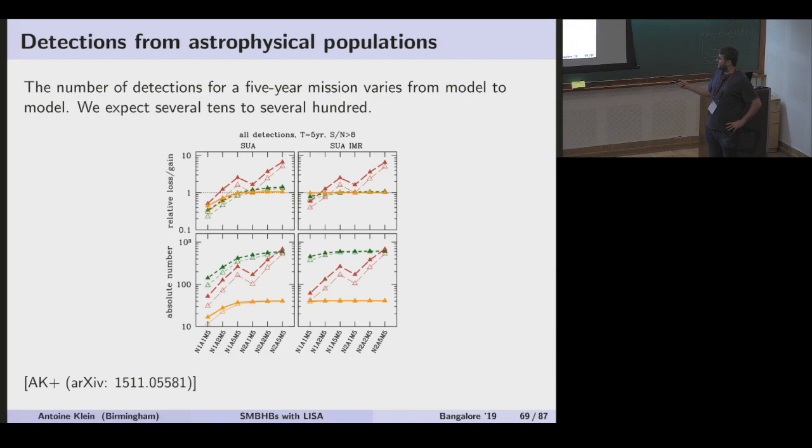Here in the light seeds model, you get more detections as you decrease your noise level. But for the heavy seeds, you don't get more detections. And what that means is that you already detect everything in LISA in the heavy seed scenario. In the light seed scenario, you don't see everything.